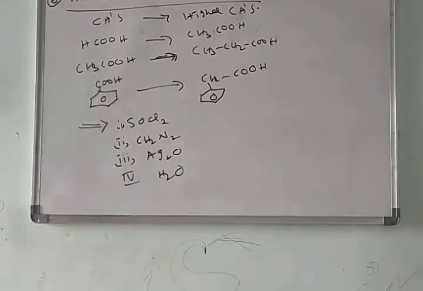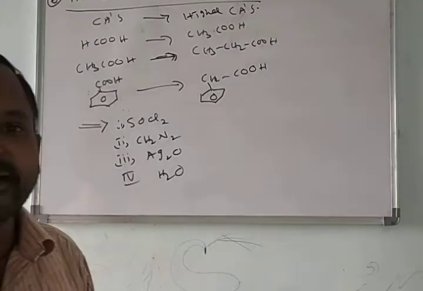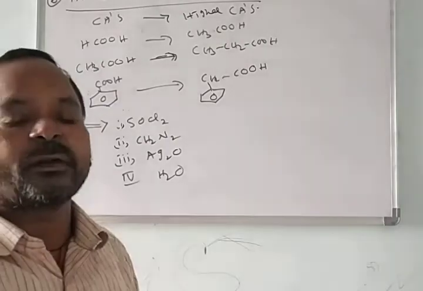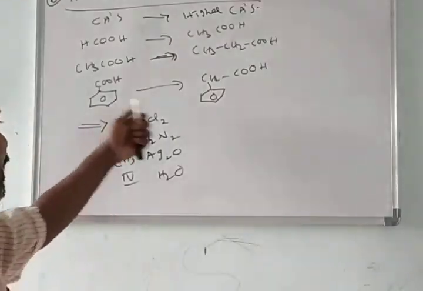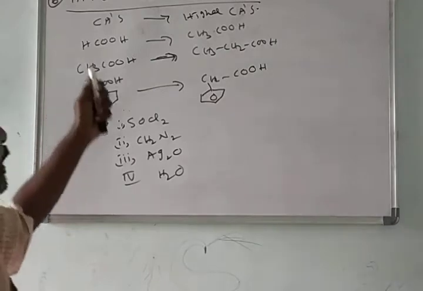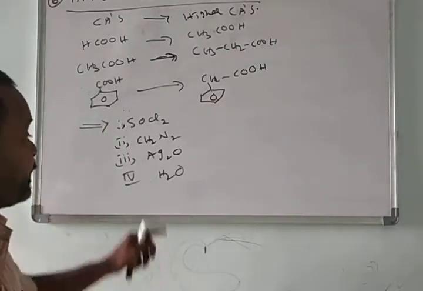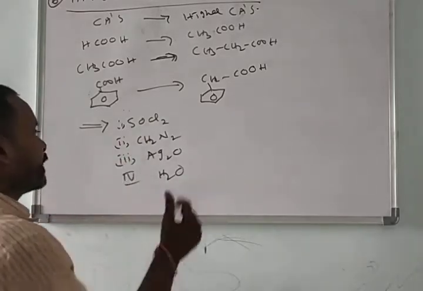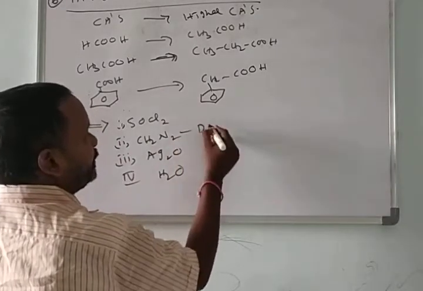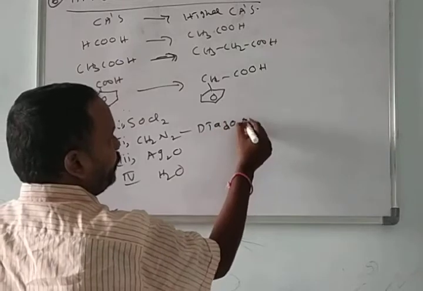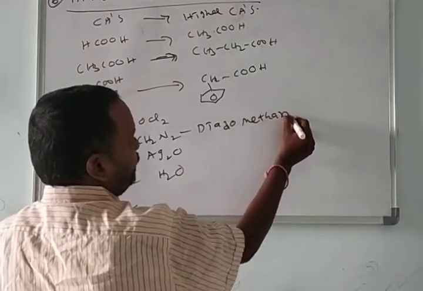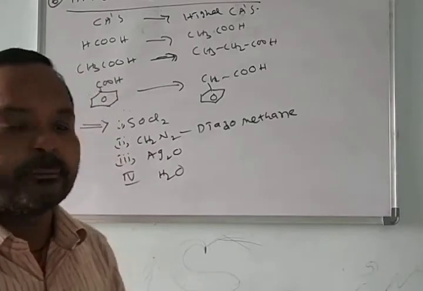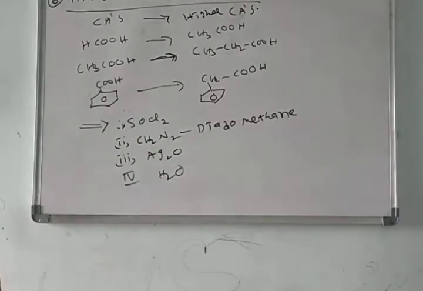Okay, thionyl chloride, diazomethane. Two nitrogens are there, so diazo. Methane, diazomethane, silver oxide and water. These are the important reagents in Arndt-Eistert synthesis.